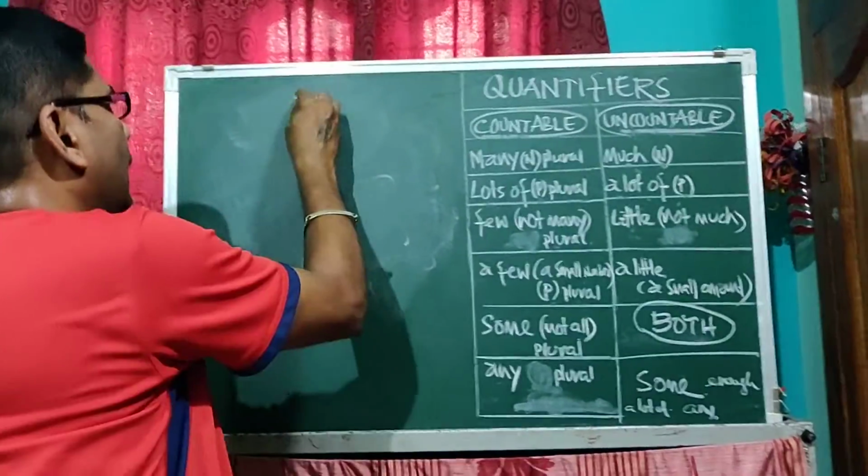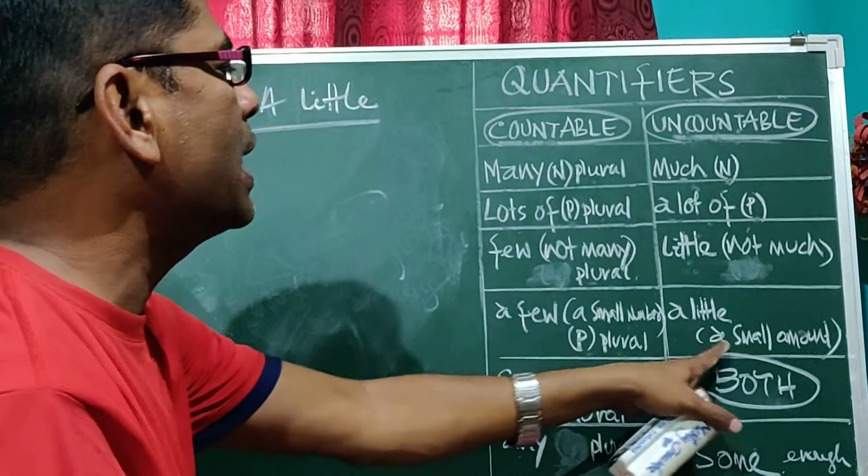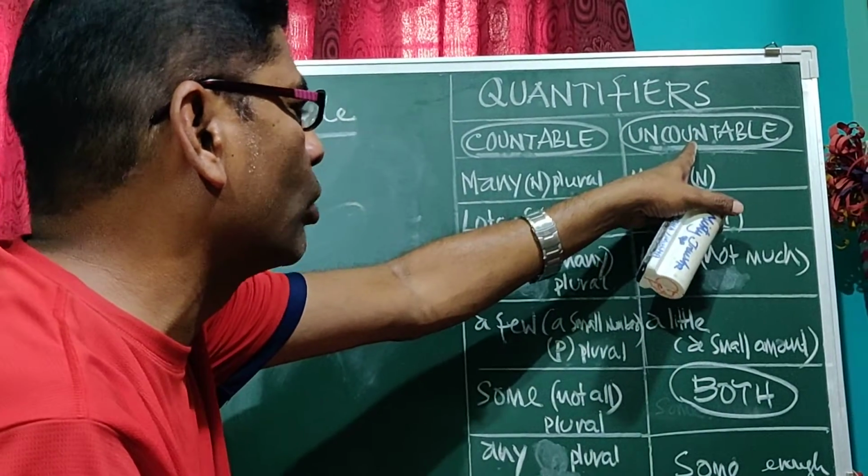Now a little. A little means a small amount, which can be used for uncountable nouns.